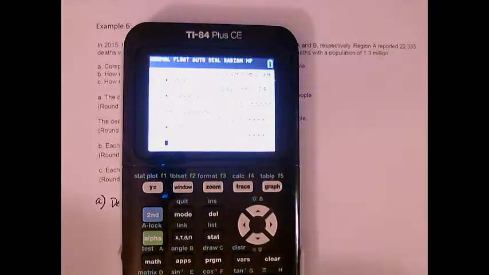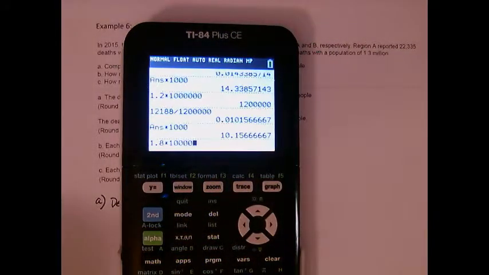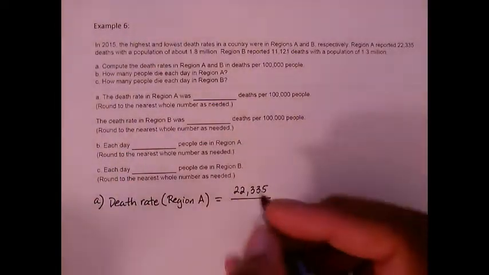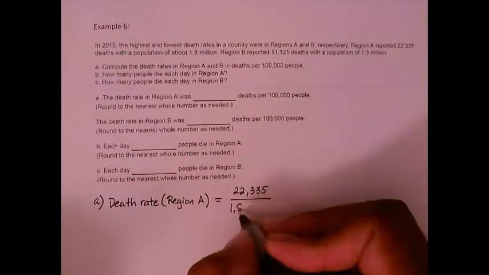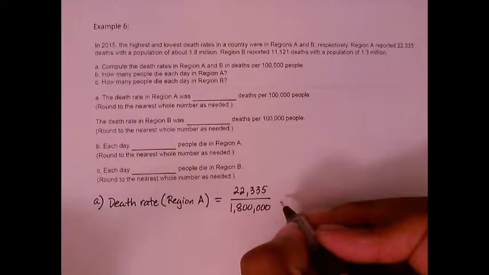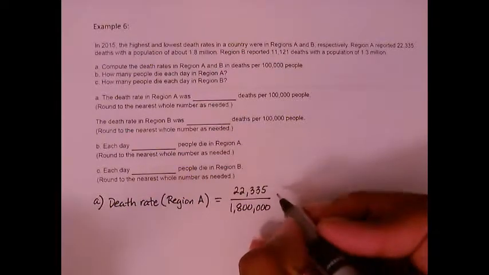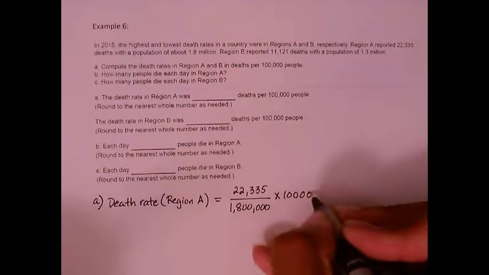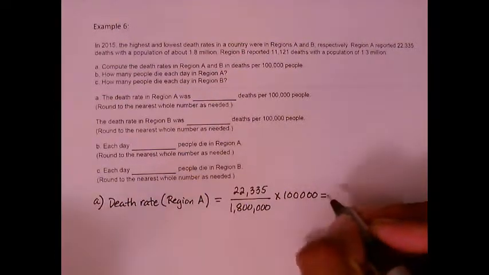So we'll do 1.8, multiply that by 1 million to get 1,800,000. Okay. Now, it's going to be per 100,000 people, so I'm going to go ahead and say times 100,000.